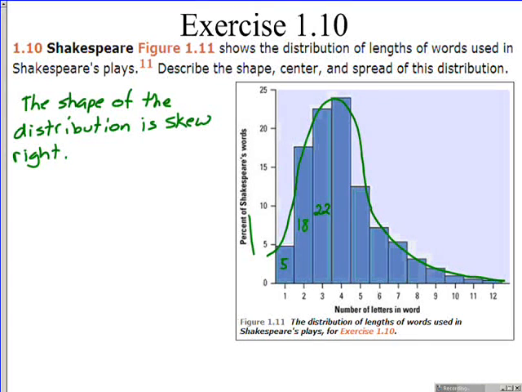So there's 45, which means somewhere in here is going to be our median. So the center, which again we are measuring by the median, in the context is 4 letters per word.